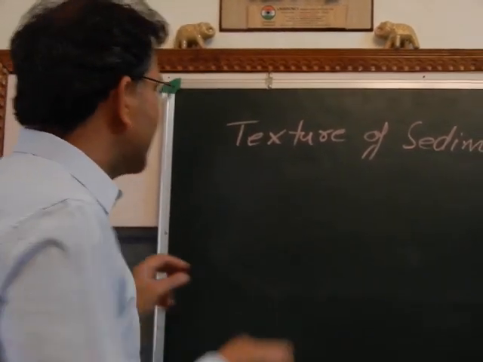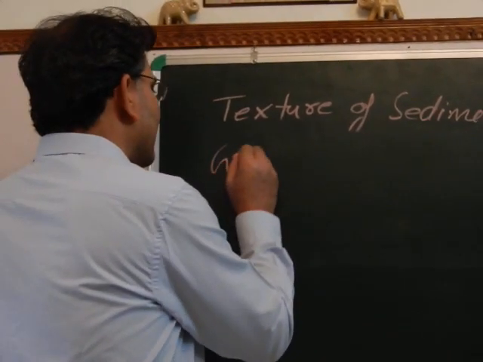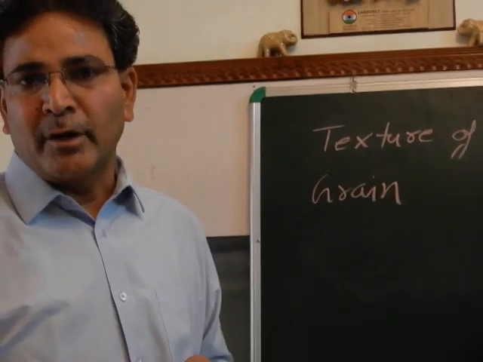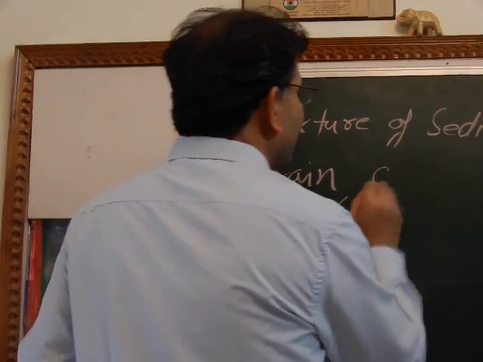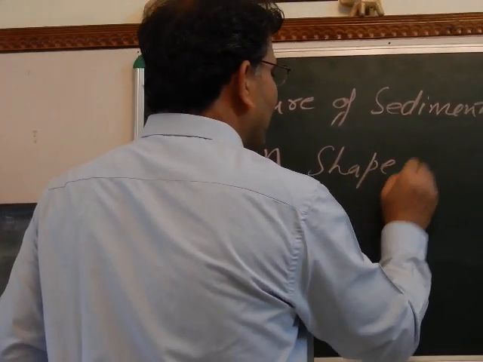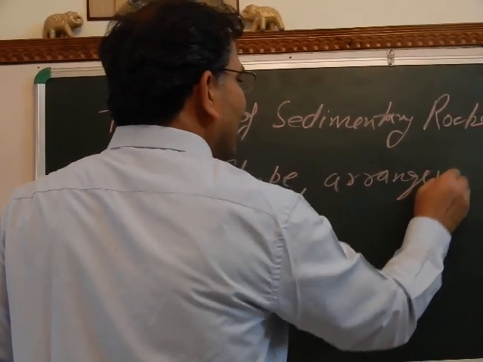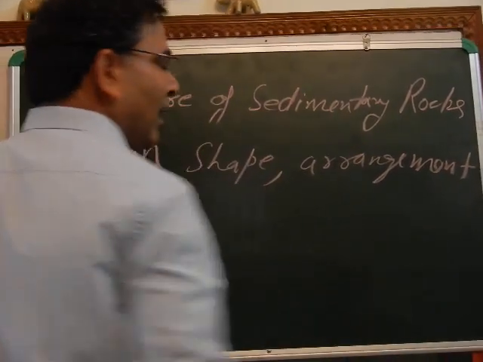In the texture of sedimentary rocks, there are three important parameters: the grain size of the sediments, the shape of the sediments, and the arrangement of the sediments or the grains.